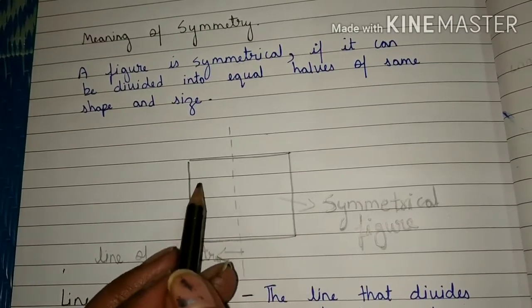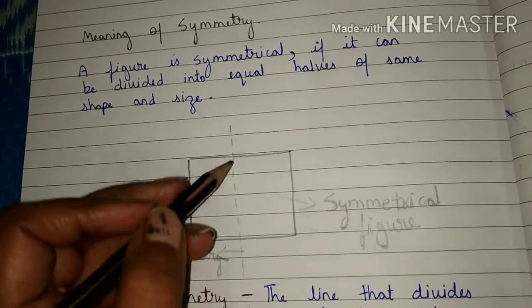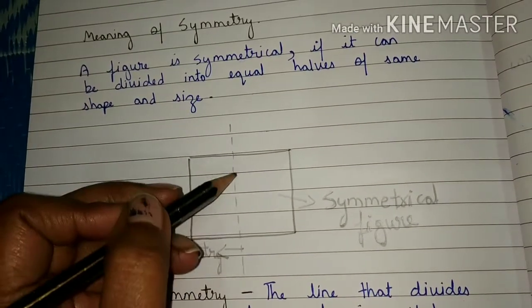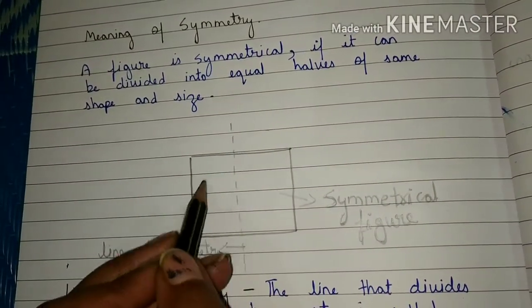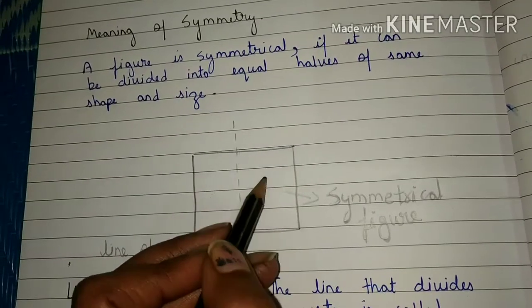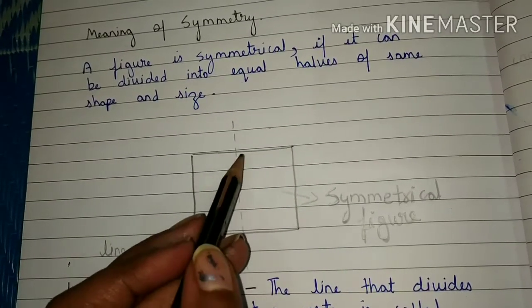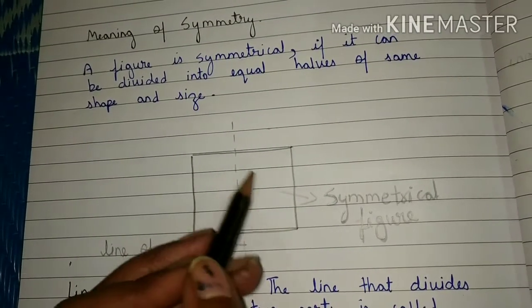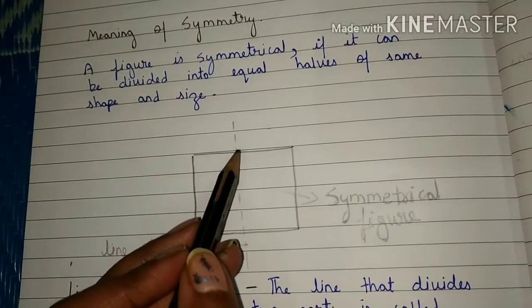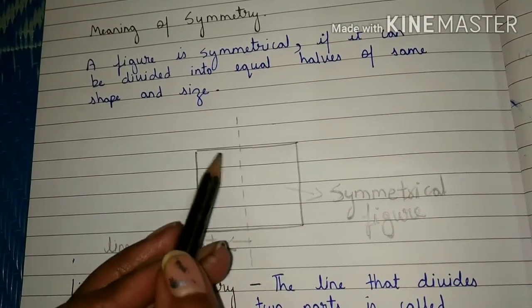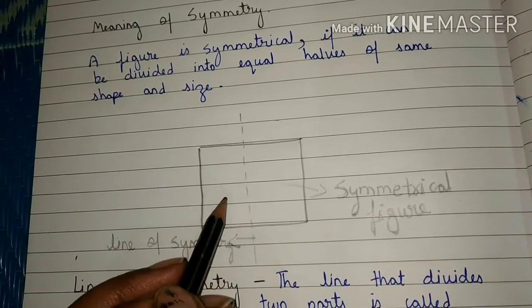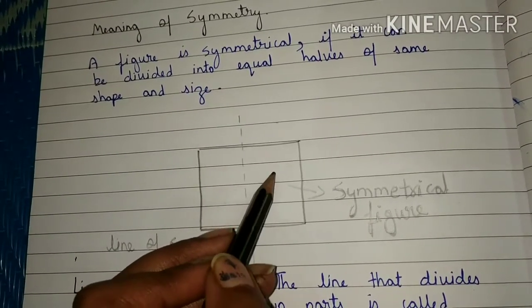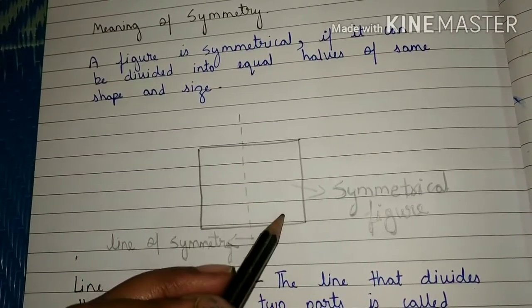Why are they overlapping each other? Because this line divides the figure into two equal parts, and also the shape and size of one part is exactly similar to the shape and size of the other part.